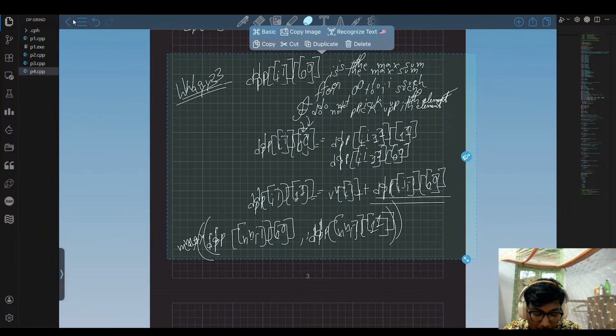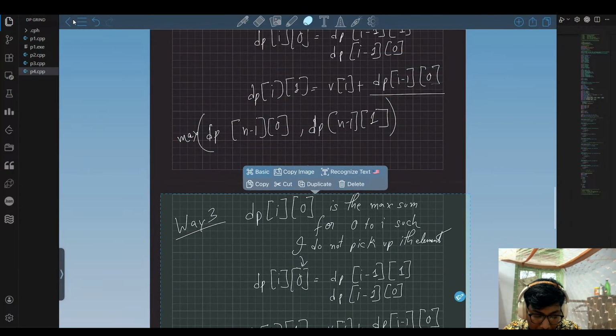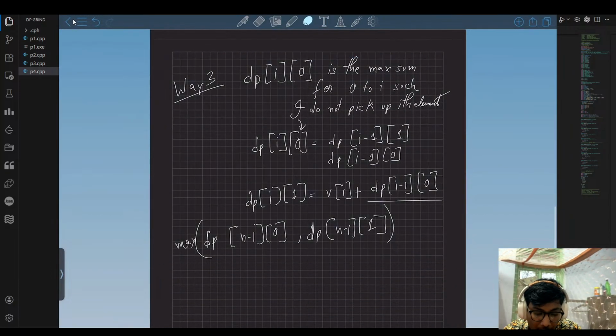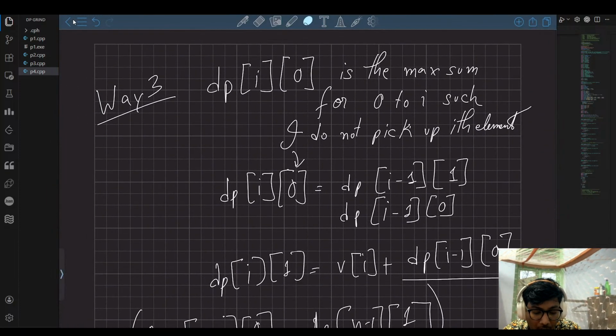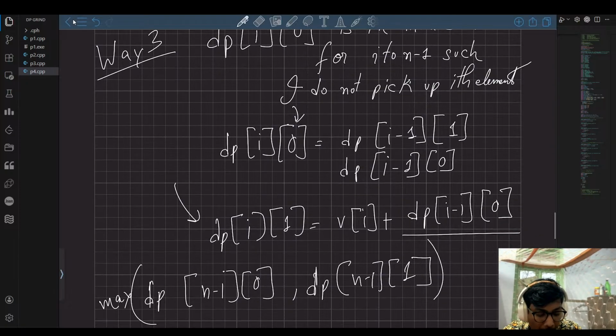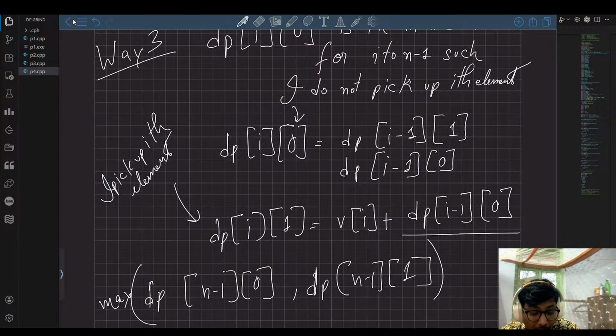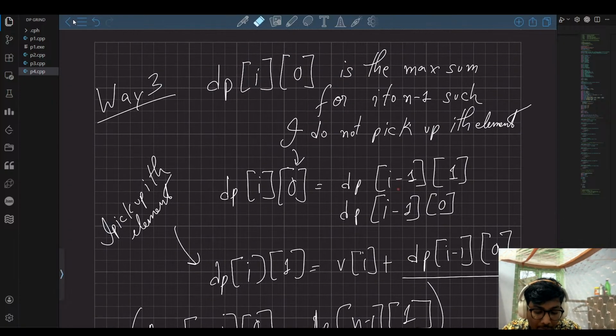Of course, you may have guessed by now what will be the fourth way. It's like the same thing, but instead of saying that dp of I is the maximum from 0 to I, I will say it's the maximum from I to n minus 1, such that dp of I 0 is where I do not pick up the ith element, and dp of I 1 is where I pick up. Okay, that means I 0 is defined as I have not picked up this ith element, so I plus 1 will have choice.